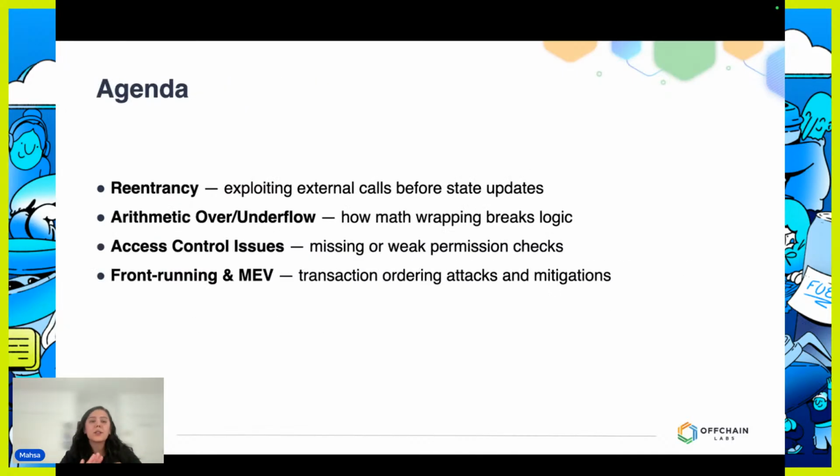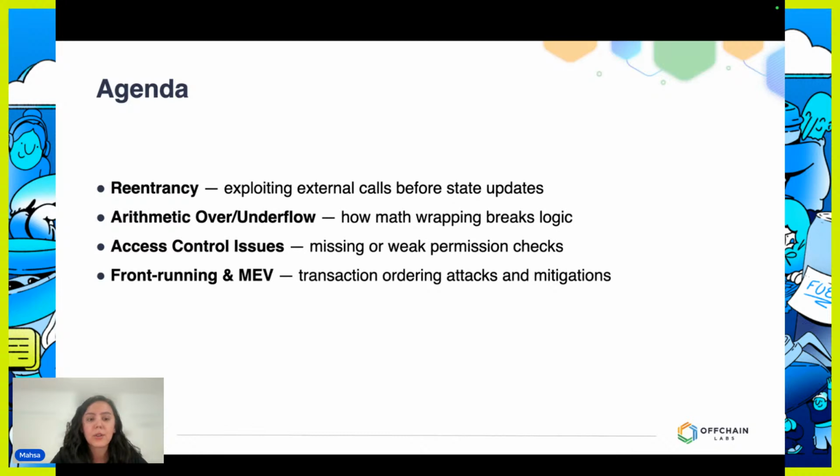All right, so here's the agenda. I'm going to talk about reentrancy, which is a very famous attack vector in smart contracts. We are going to talk about arithmetic overflow and underflow, which are basic, simple math errors that open the door for attackers to exploit your smart contract. We have access control issues, where missing or weak permission checks can lead to a lot of severe attacks.